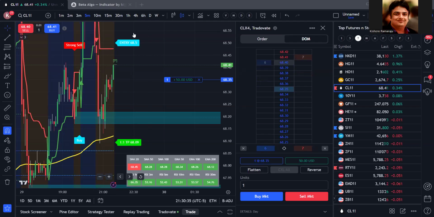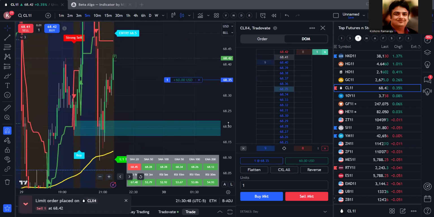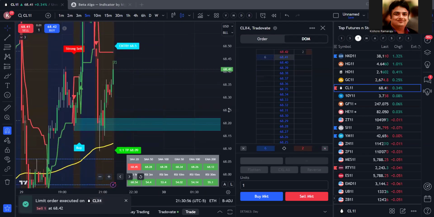So you already combined RCPP into beta algo, so you don't need it separately. So this is another $300, $350 with my account.